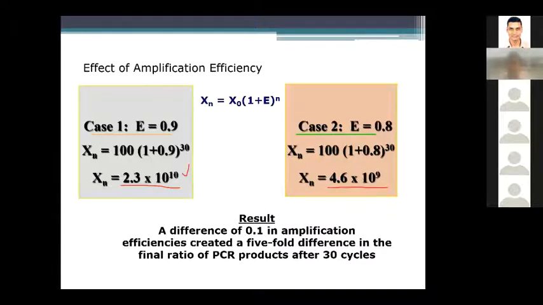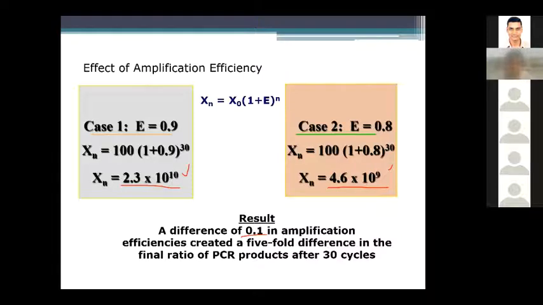You can see the difference between 0.9 efficiency and 0.8 efficiency. A difference of 0.1 in the amplification efficiency creates a 5-fold difference in the final product ratio after the 30 cycles. Initially it is slightly different in the amplification, but ultimately it creates a big difference.